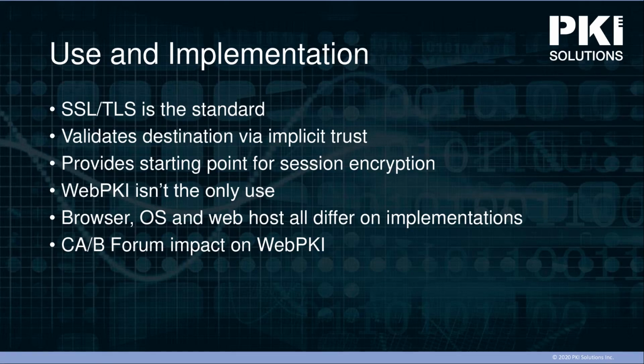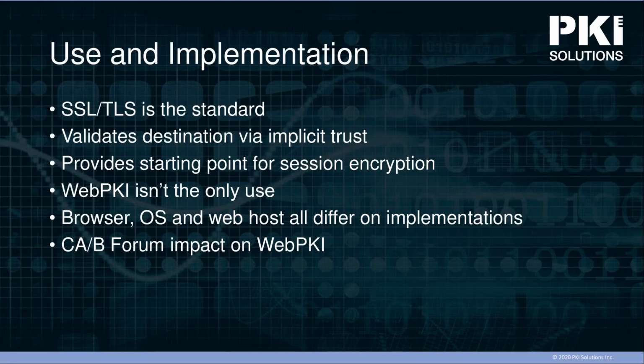The other thing that we see is the CA Browser Forum drastically impacts what happens in the Web PKI space. The CA Browser Forum, the consortium of manufacturers of both the certificate authorities and the operators of those, as well as the browsers, often has new and ongoing changes and regulations and ballot measures that impact how the community will be using certificates as a whole.